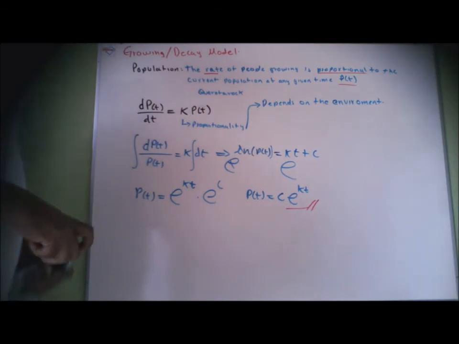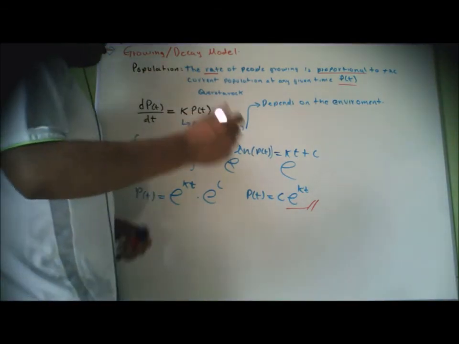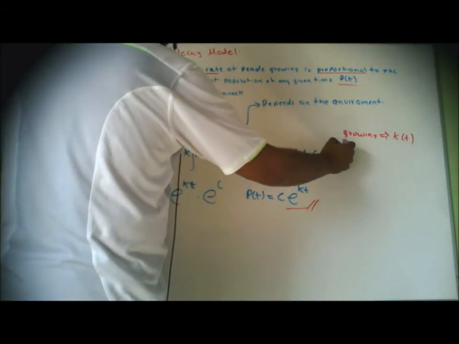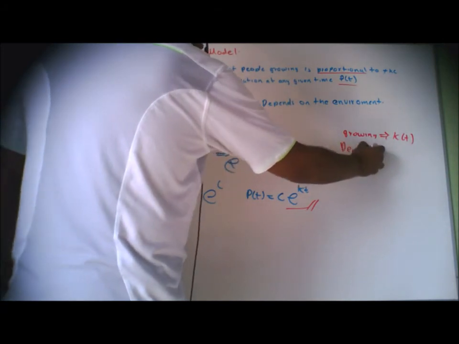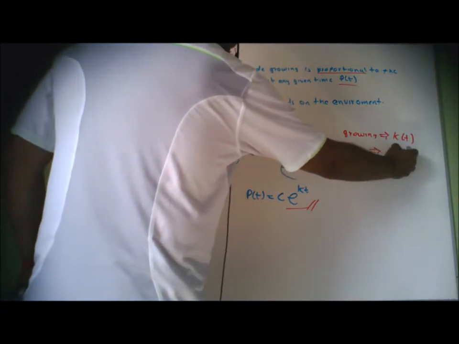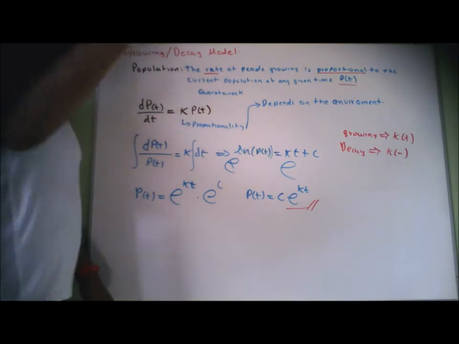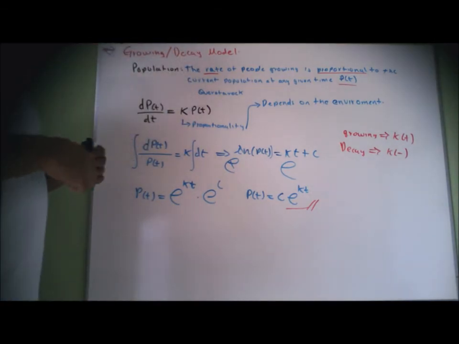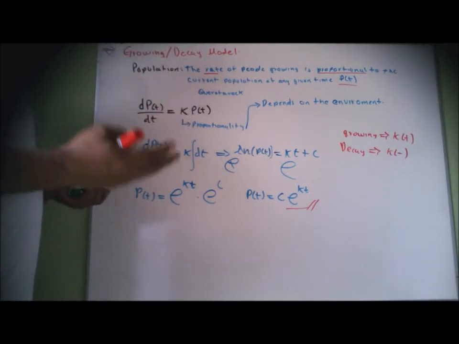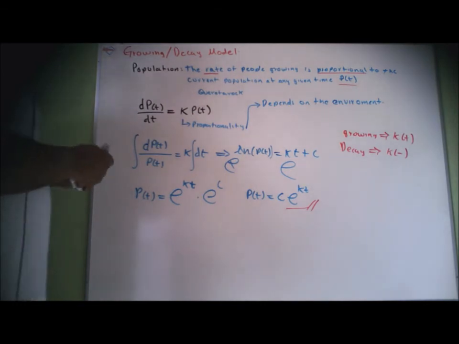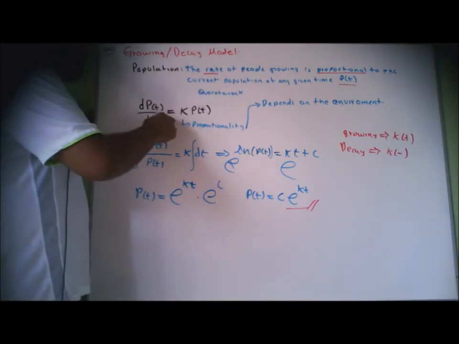Now, one important thing here: if it is growing, it means that k is positive. If it is a decay, then it means that k is negative, all right? So why is that? Well, the derivative is proportional to the population.